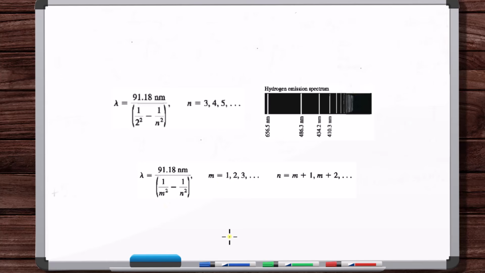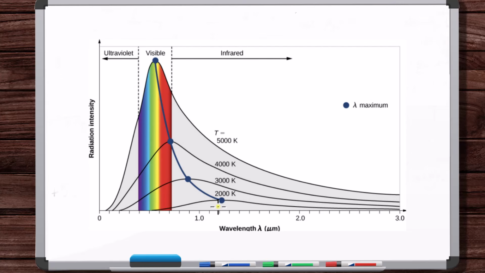So I don't know if Max Planck referenced the work of Balmer shown here, but I'm sure Planck would cite people in his famous paper as well as other scientists that inspired him to come up with what he came up with.